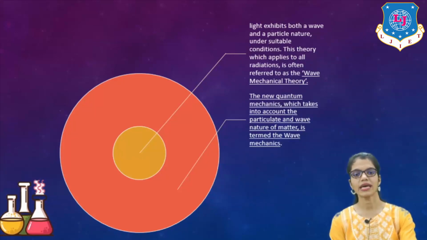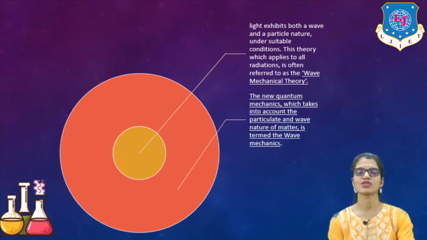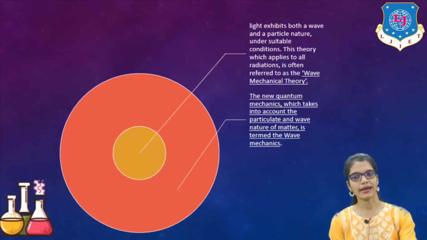Now, the new quantum mechanics, which takes into consideration both the particulate and wave nature, is termed wave mechanics. So here comes the wave mechanical approach of an atom. According to this theory, an atom can behave as a wave and can behave as a particle.